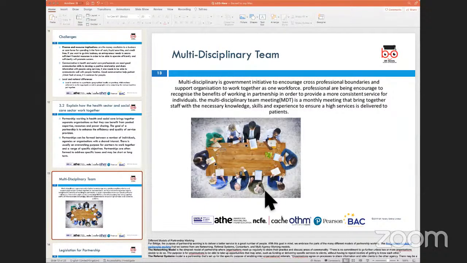This is where these two services work together: the medical side coming from health services, and then therapy, rehab, and the support you need to get back onto your feet, which would be the social care side of services.